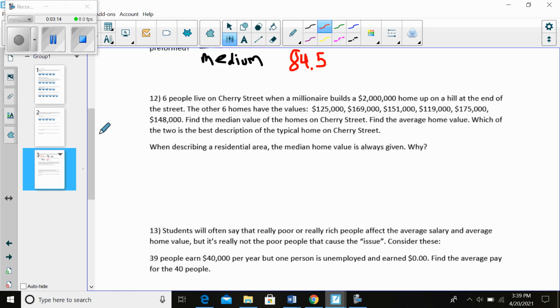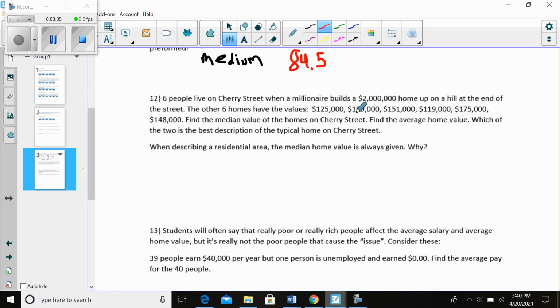So number 12 is going to illustrate that for us, right? Where we have a bunch of typical homes, and then some really rich person comes and builds this mansion. All right, so it'll be exemplified here why it is that we want to use median.